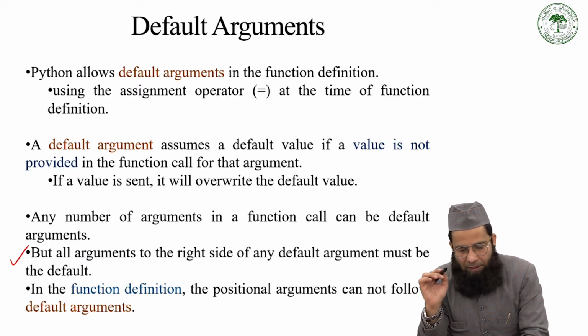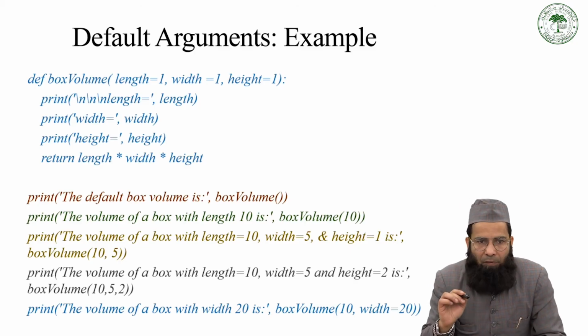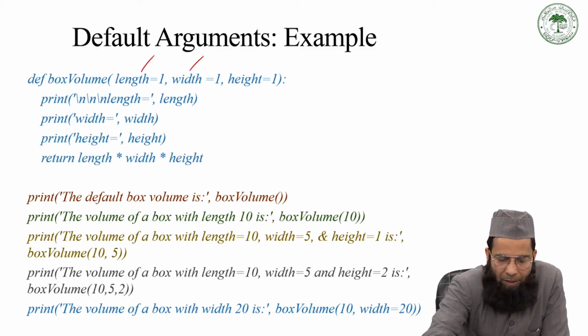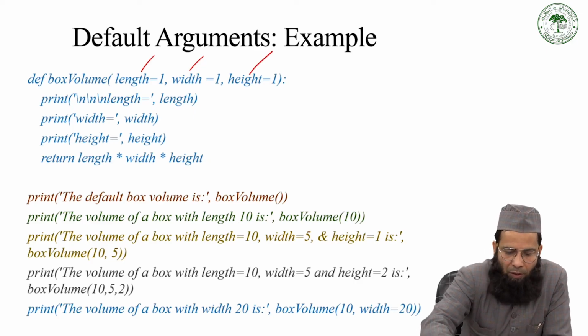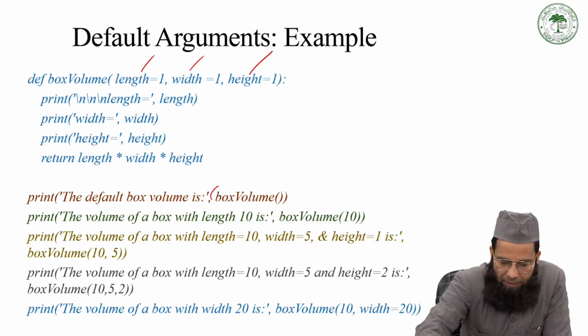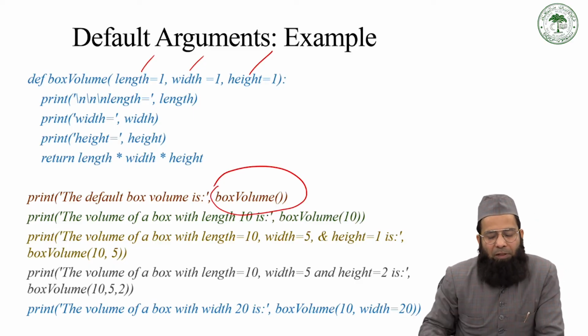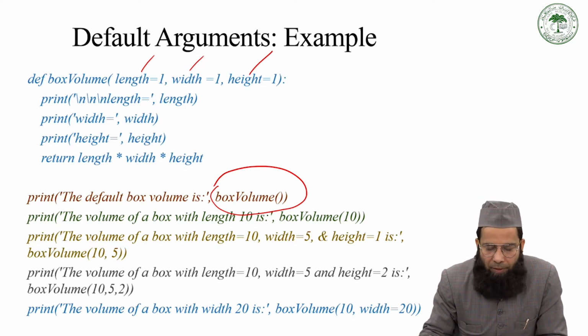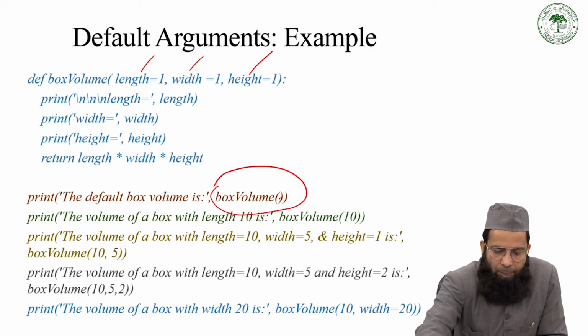Let me discuss first how we write default arguments. This one is the default argument. Default parameter you are passing, so we call it default argument. When you are calling this function without any argument, what would happen?